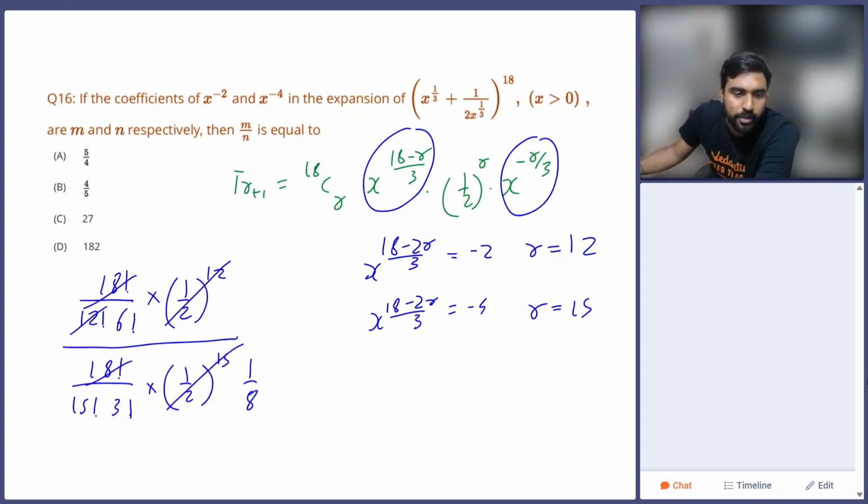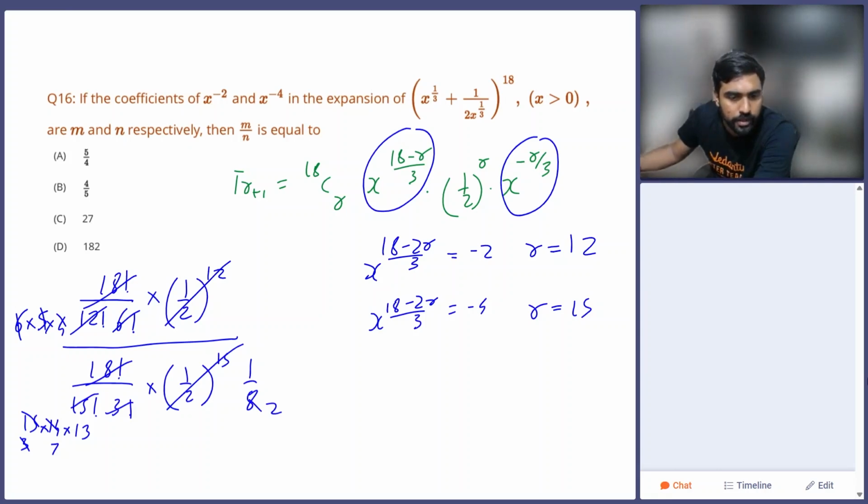18 factorial, you can cancel it out. This you can cancel out, leaving you with 15, 14, 13. This you can cancel out, leaving you with 6, 5, 4. I can cancel this over here. I'll get a 3 left out. Then I can cancel this 6 and 3, and this 7 I can cancel one out over here, and this 4 and this 8 I can cancel out as 2.